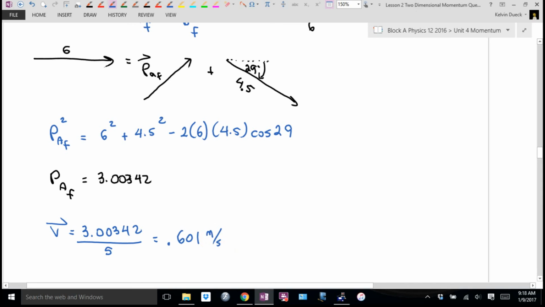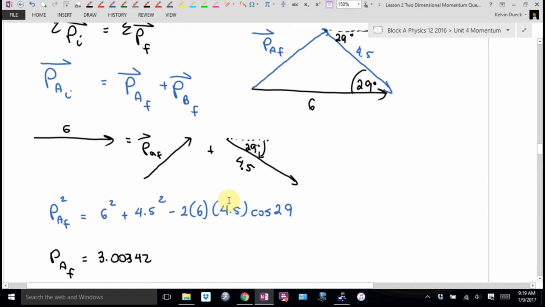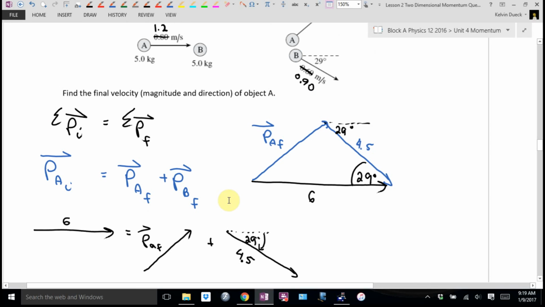Sam, am I done? Say no. You know why? I found the speed, the magnitude. What did the question want me to find? I need an angle. Let's go back to my vector triangle. The direction is where your vector is originating from.